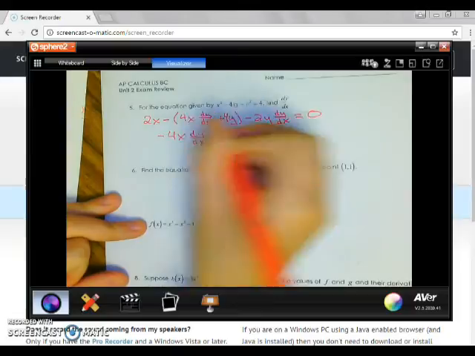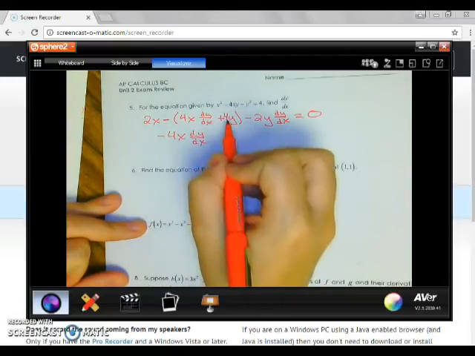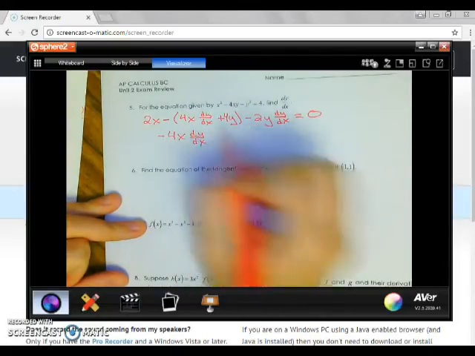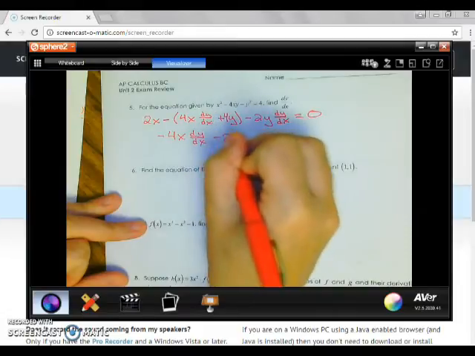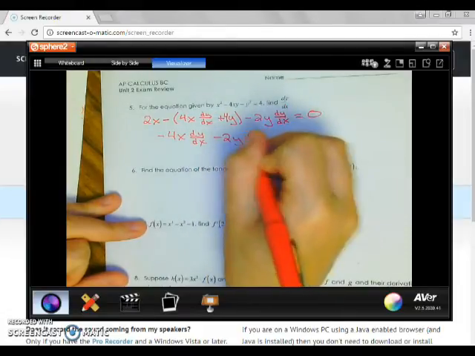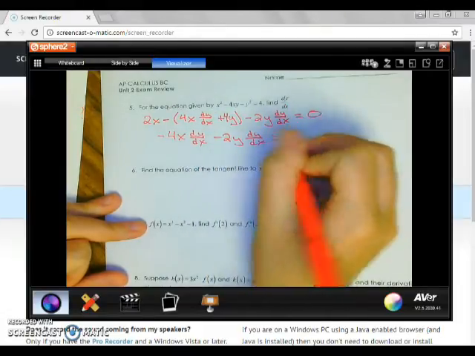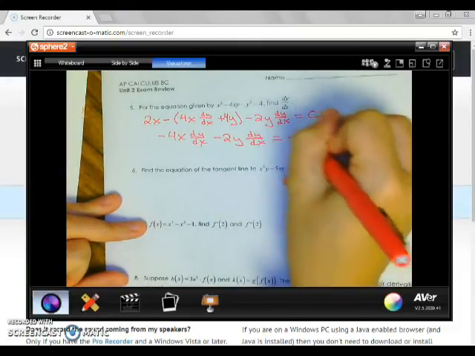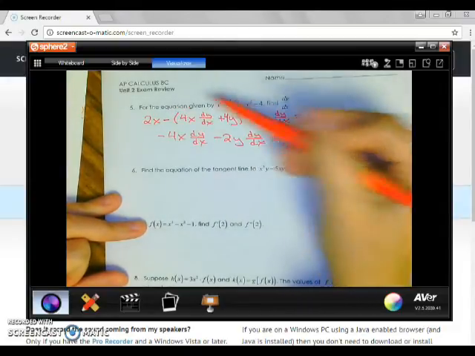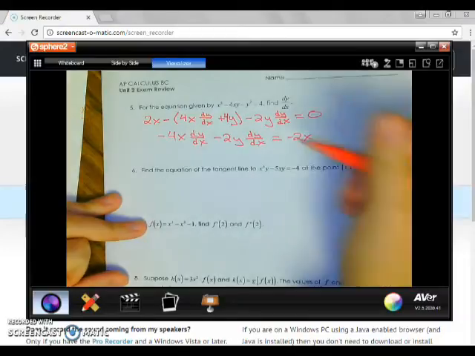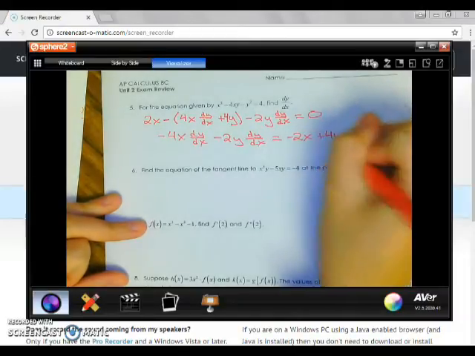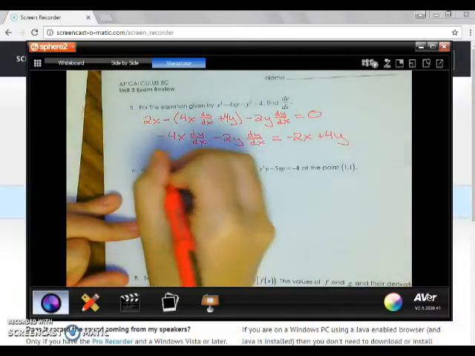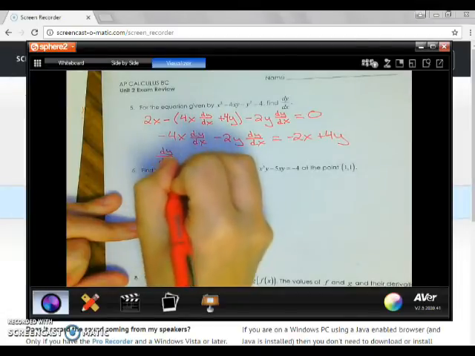I'm distributing that negative, and those are both going to go to the other side. And so what's left on the left-hand side is this, equals, if I bring this guy over, he's negative. And this would have been a negative 4y, so when I bring him to the other side, he's going to be positive 4y there. From here, you're factoring out a dy/dx.